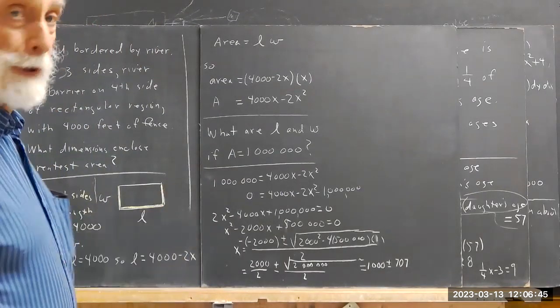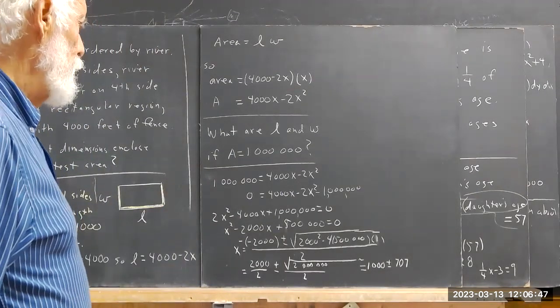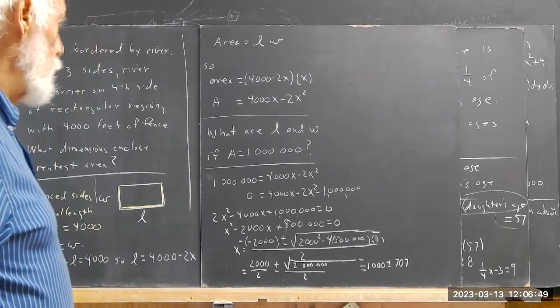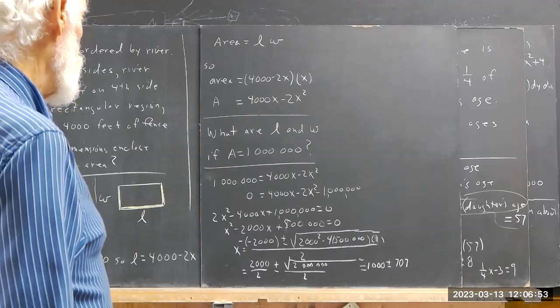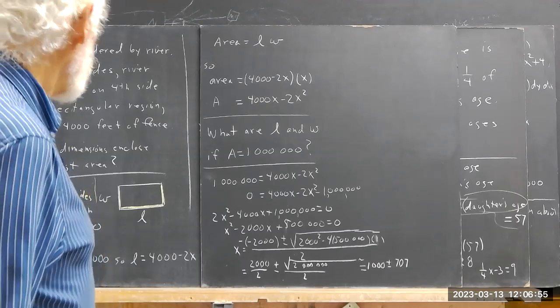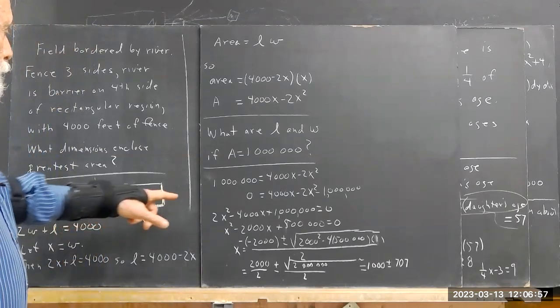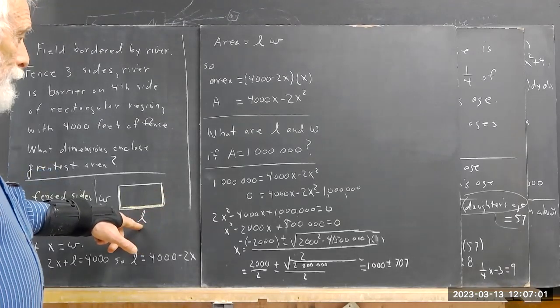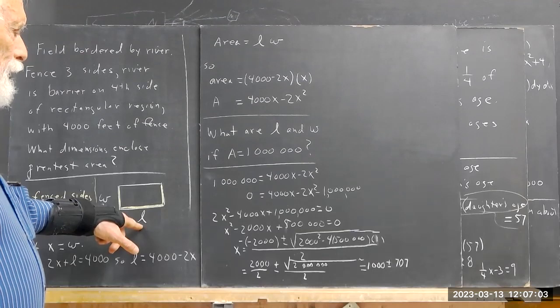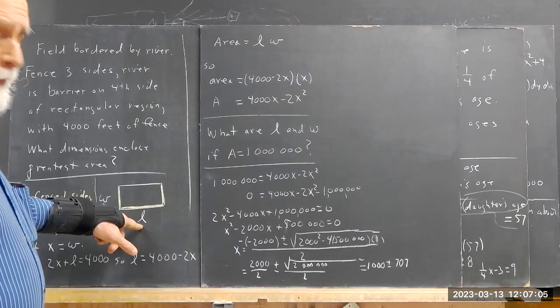When we divide by 2, it gives us 2 possible answers. One of which is like 1,700, which isn't going to work because we got 1,700 here and 1,700 here. That's going to leave us like 600 here.